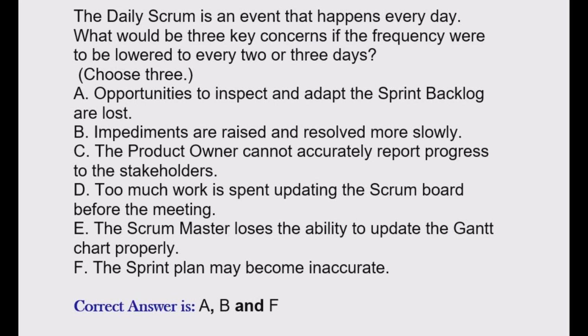Option C. The product owner cannot accurately report progress to the stakeholders. Option D. Too much work is spent updating the Scrum board before the meeting. Option E. The Scrum Master loses the ability to update the Gantt chart properly. Option F. The sprint plan may become inaccurate. Correct answer is option A, B, and option F.